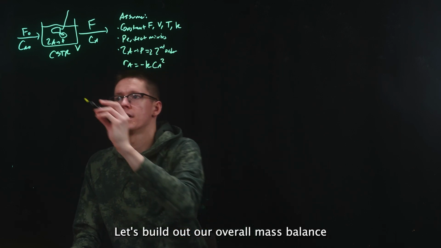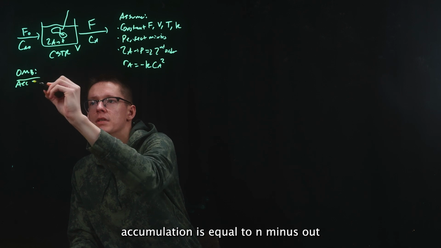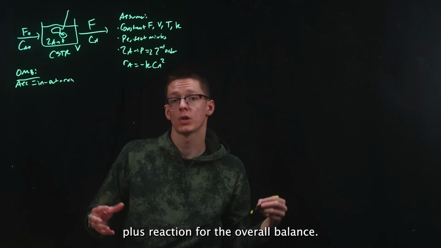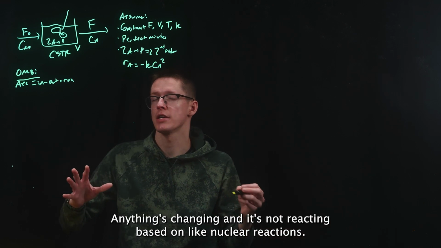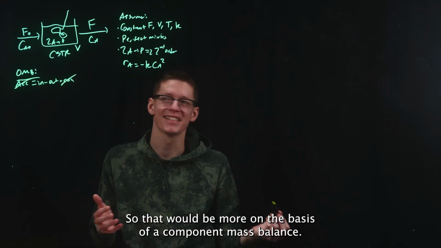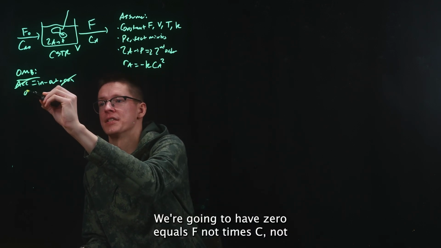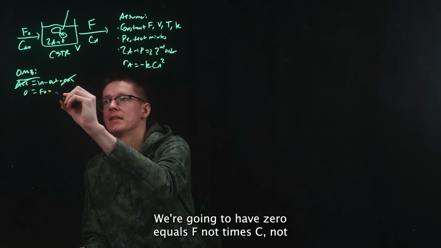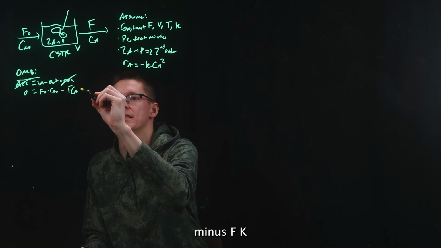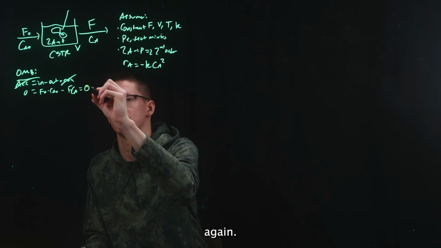Let's build out our overall mass balance. Accumulation is equal to in minus out plus reaction. For the overall balance, we're not really assuming anything's changing, and it's not reacting based on like nuclear reactions, so that'd be more on the basis of a component mass balance. We're going to have 0 equals F naught times Ca naught minus F Ca equals 0 again.